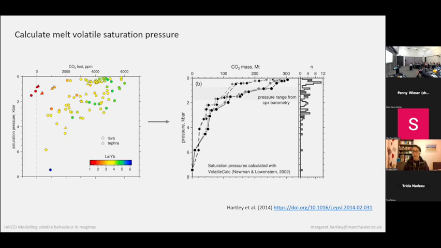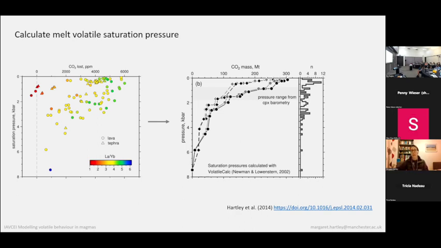I was using glass plus vapor bubble CO2 to calculate the saturation pressure of a suite of melt inclusions. And I also used a volatile trace element ratio, in this case CO2 over niobium, to calculate the amount of CO2 that I thought had been lost from each melt inclusion, using the ratio as a proxy for how much CO2 this melt should have contained had no degassing taken place.